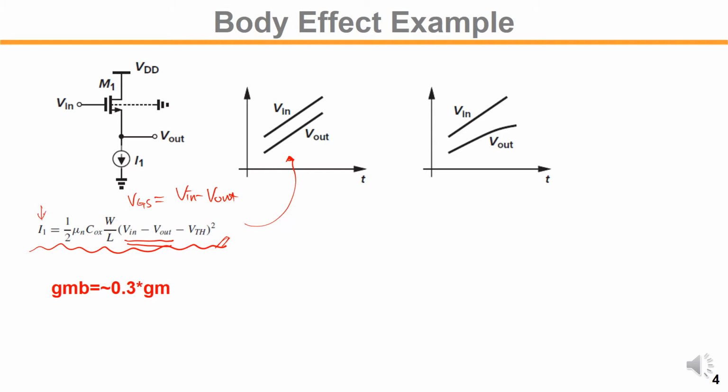You can work it out to find what Vout will be: the square root of I1 over one half mu n Cox W over L, minus plus Vin, right? This is constant, right?